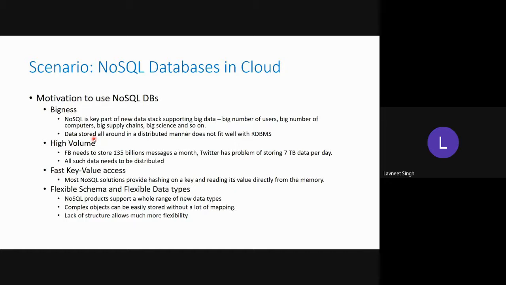What we end up doing is to spread the data across different regions in the world, right? Now basically we are storing the data all around in a distributed manner. But imagine if we have these nodes in our RDBMS.